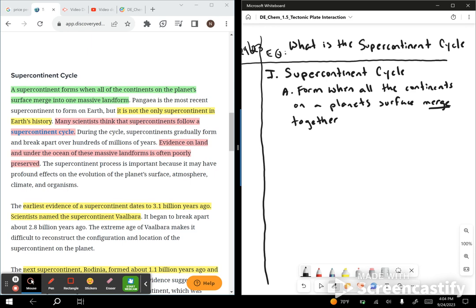In yellow, it is not the only supercontinent in Earth's history. And then you can see the detail here in red. Many scientists think that supercontinents follow a supercontinental cycle.